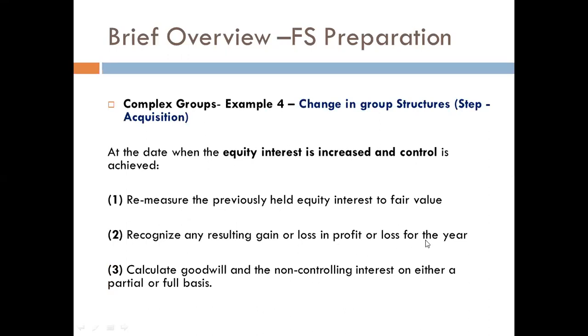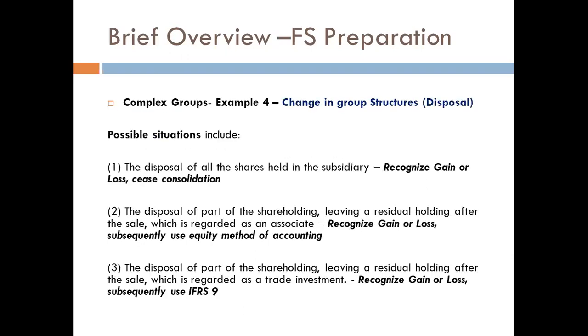After there is an increase in investment, then calculate goodwill and non-controlling interests, of course, using partial or full basis, depending on whether you have been given the fair value of non-controlling interest. So if there is step acquisition, of course, you need to look at what the previously existing investment was and remeasure it. After remeasuring it, recognize the gain or loss. After recognizing the gain or loss, then use the current value with the remeasured value and calculate the goodwill.